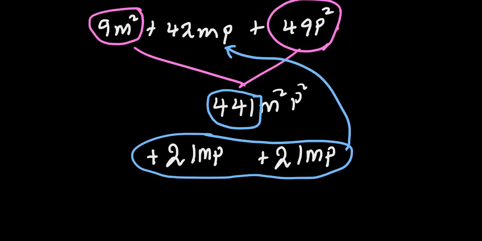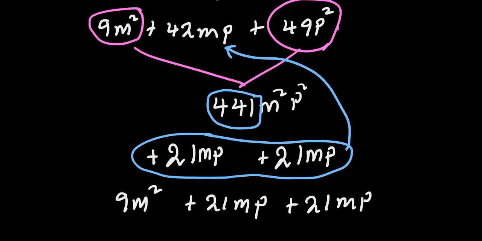Once that happens, the expression, this is not an equation, it's an expression, becomes 9m squared. Since we are replacing plus 42mp with plus 21mp plus 21mp, this will become 9m squared plus 21mp plus 21mp.